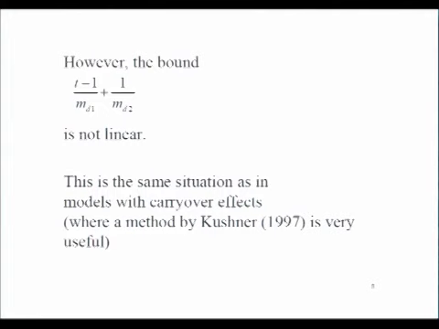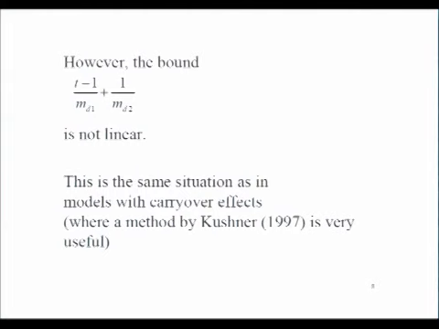And we realized that that's the same situation that we usually have in crossover designs. In crossover designs, we want to minimize a function which is a nonlinear function of something that's linear in the single blocks. There was a method developed by Kushner in 1997 which proved to be very helpful for optimizing crossover designs.